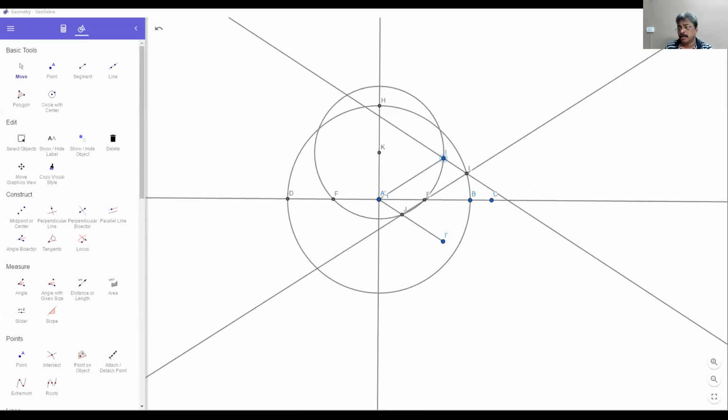Can you see GeoGebra? Yes, sir. Okay. So this circle and distance A dash E is 1, say for example, A dash F is also 1, then A dash K is also 1. So with K as a center and AE, that is root 2, as a radius, I draw this circle.